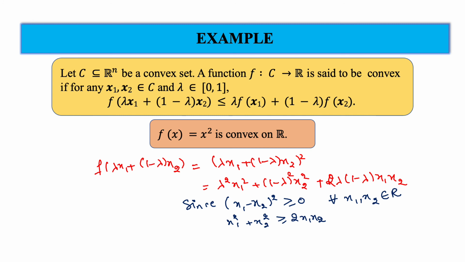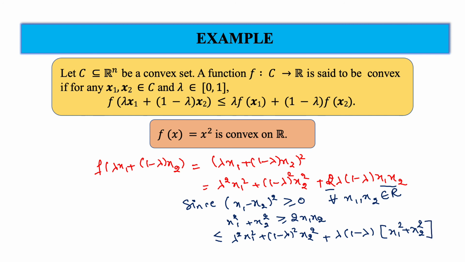So this can be written as less than or equal to lambda square x1 square plus 1 minus lambda square x2 square plus lambda times 1 minus lambda, where 2 x1 x2 can be written as x1 square plus x2 square.